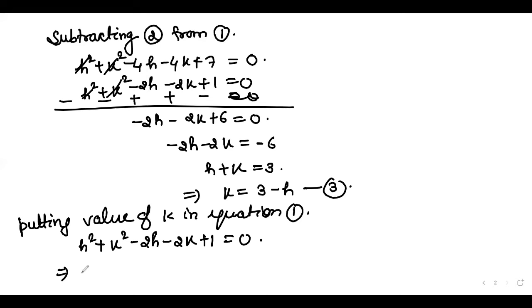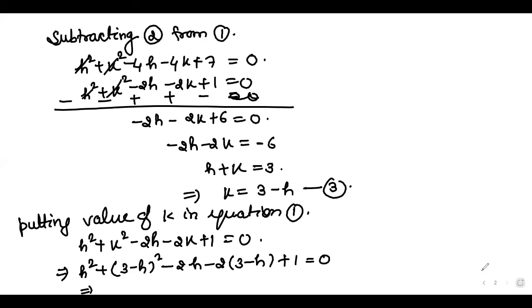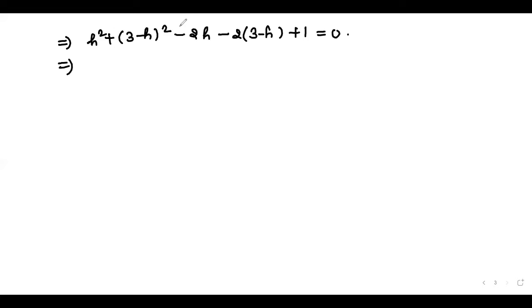So it is h square plus (3 minus h) whole square minus 2h minus 2 into (3 minus h) plus 1 equals 0. Now calculating it: h square plus 9 minus 6h plus h square minus 2h minus 6 plus 2h plus 1 equals 0.